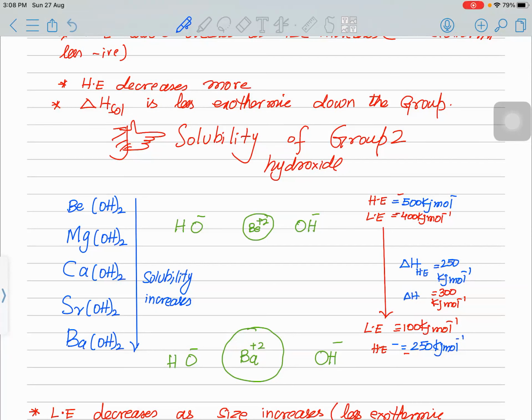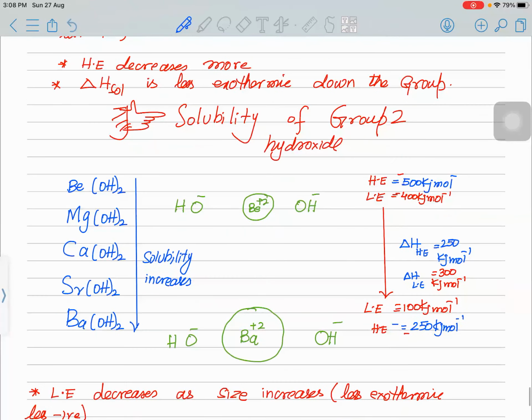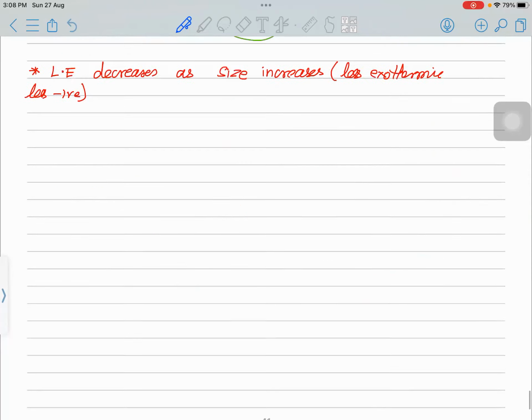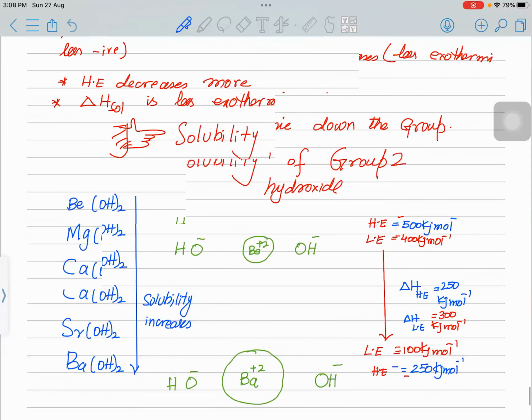Here we have delta H lattice energy. So this time lattice energy decreases more. Both decrease, but lattice energy decreases more.